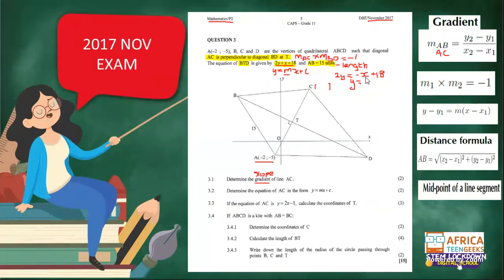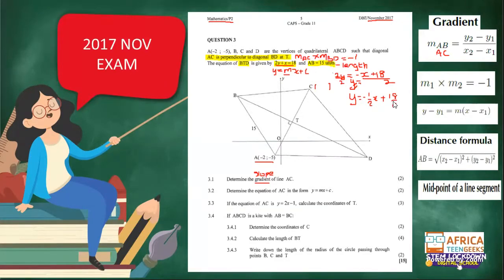But then we want to solve for y. It means we divide everything, the left-hand side and the right-hand side, by 2. So we will remain with y equals negative half x plus 18 divided by 2.